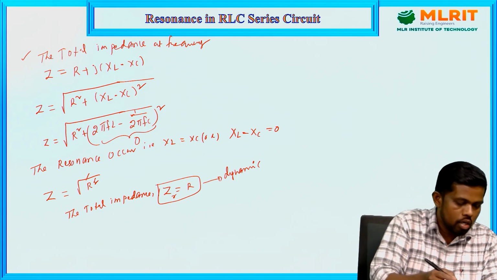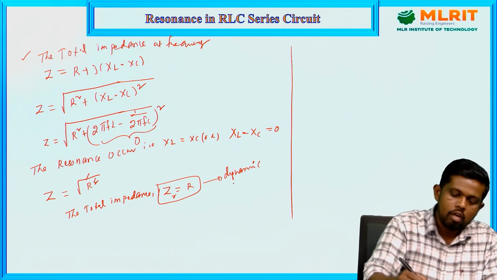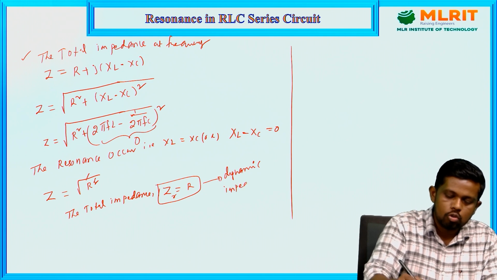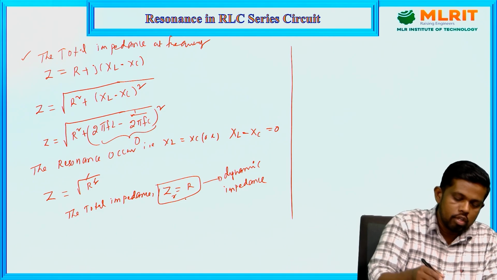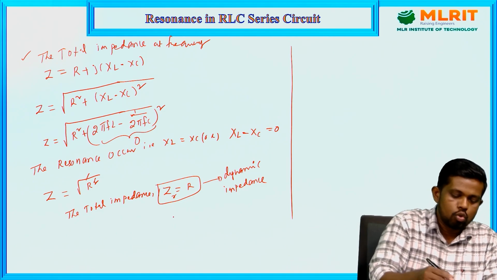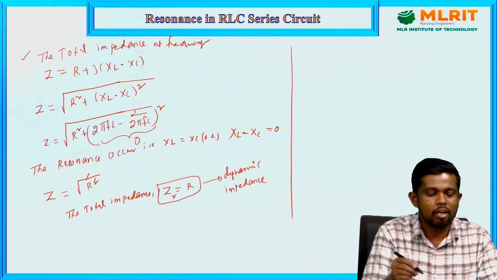At this instant, we need to find the current value. Under the resonance condition, the impedance offered by the network is ZR equal to R only, so the whole network accepts the maximum amount of current.